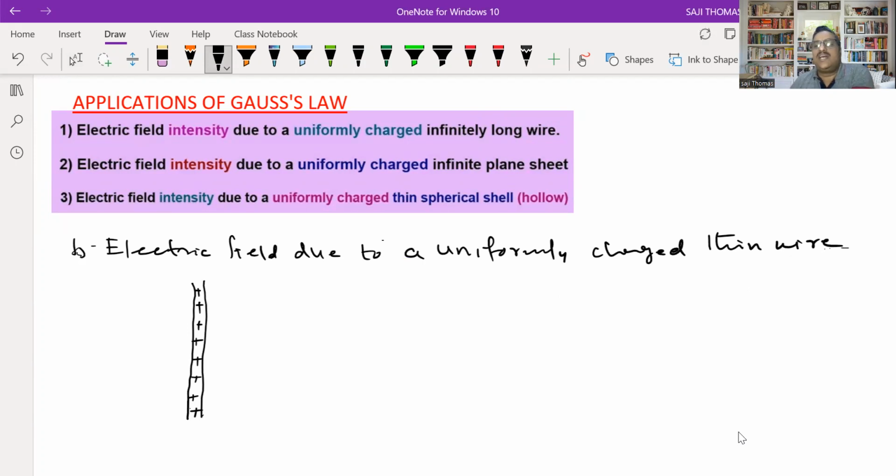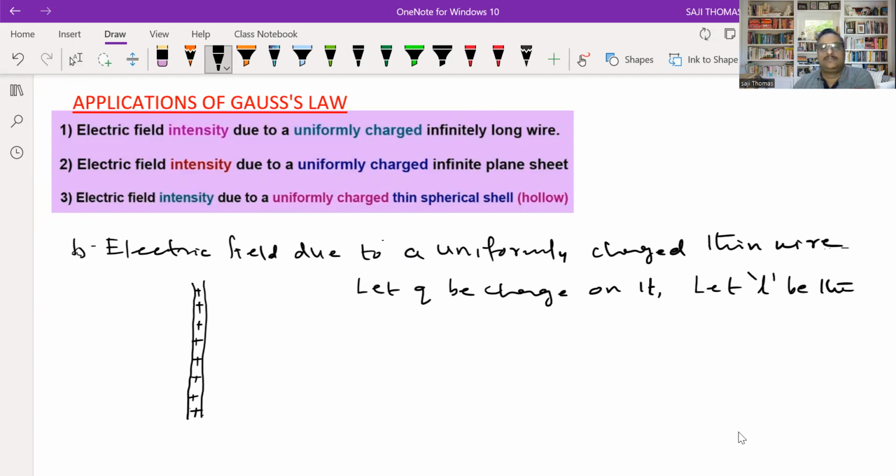Imagine Q, the charge on it, and let L be the length of the wire. Here I am defining a quantity called a linear charge density.